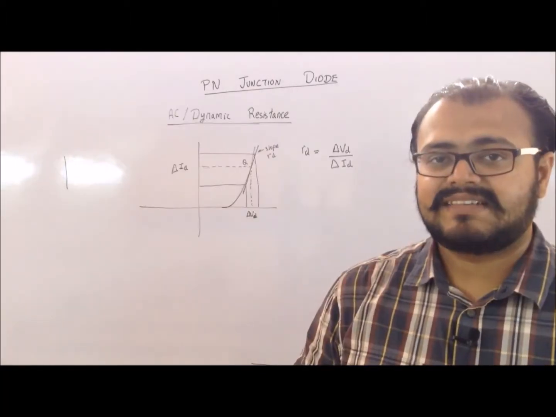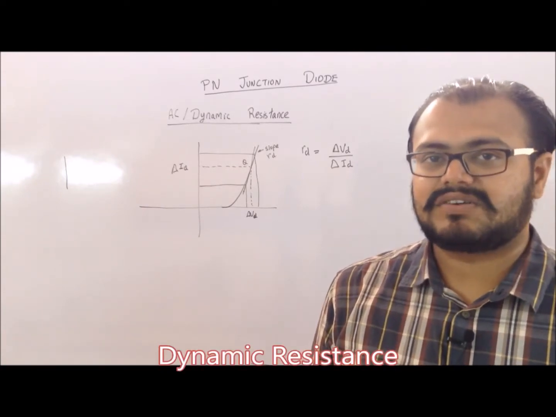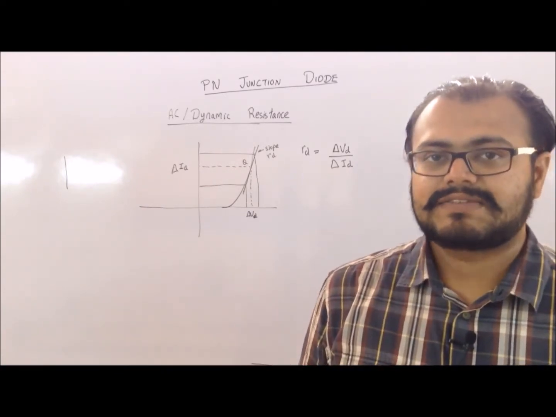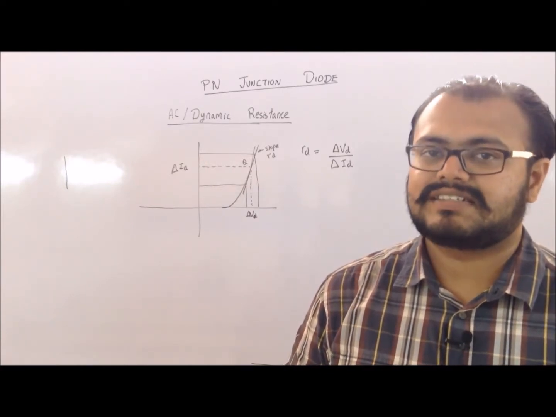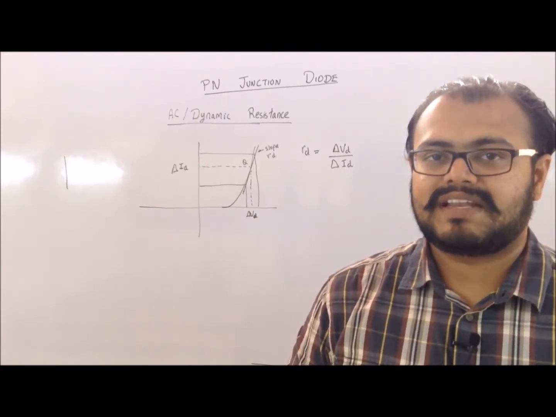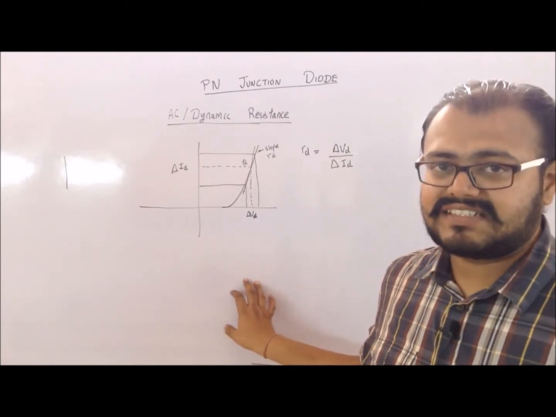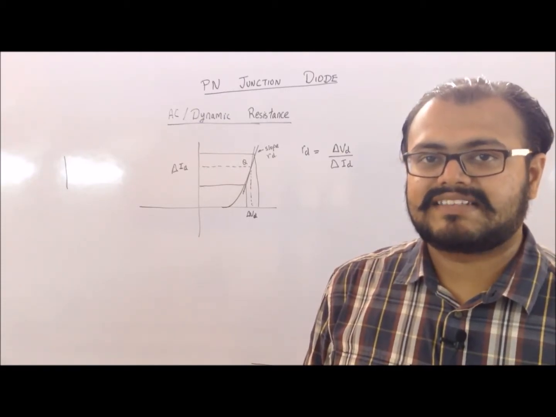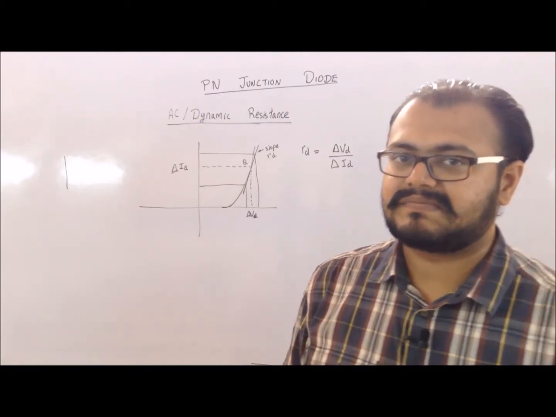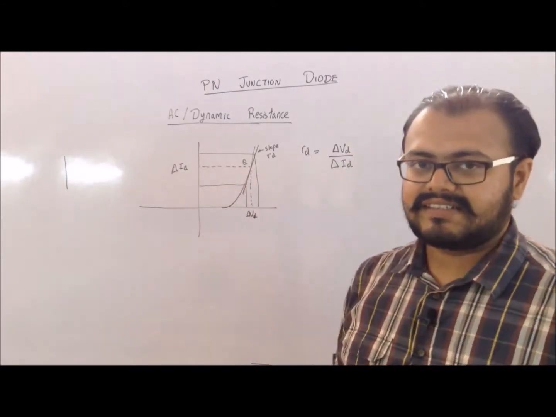The next type of resistance defined is the AC resistance, or dynamic resistance. As the name suggests, while calculating this resistance we apply an AC voltage to the diode. In its definition, we assume that the applied signal has a small magnitude. We also define something called the Q point.